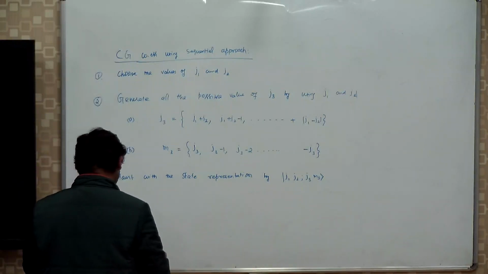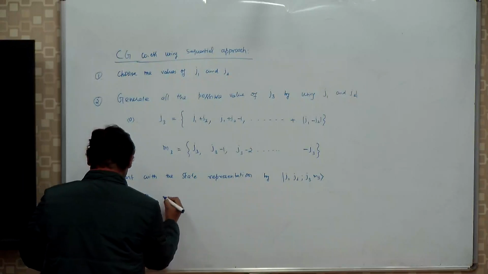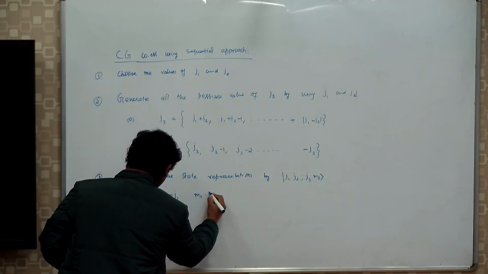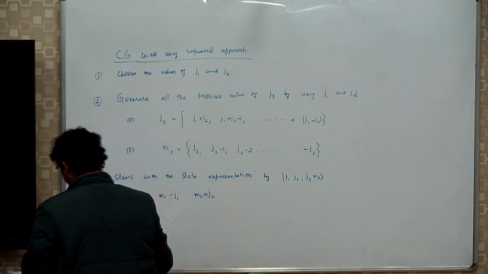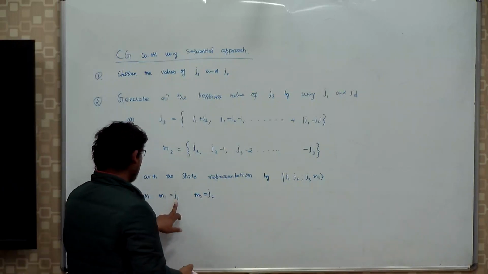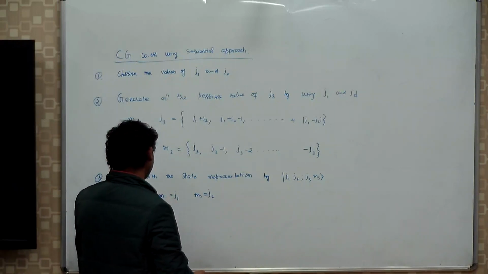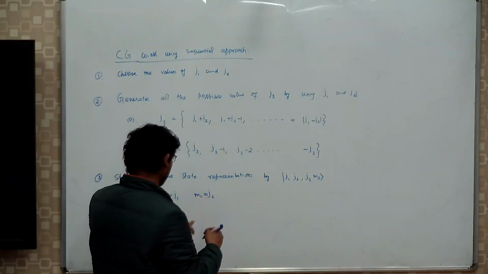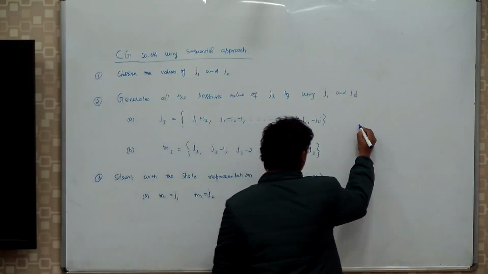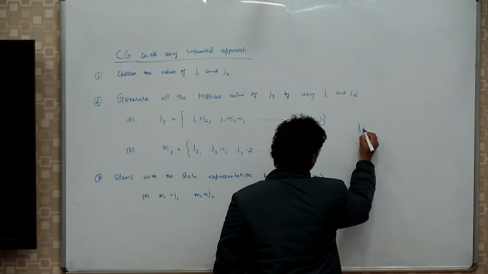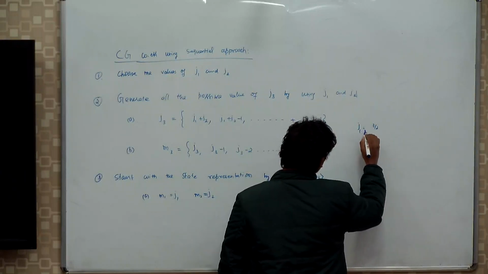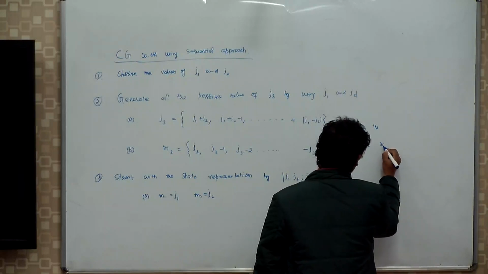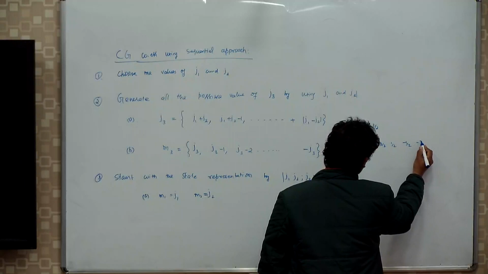Here you take the two conditions. A is nothing but m1 equal to j1 and m2 equal to j2. It's the maximum value. So for j1, the m1 is the maximum value, you consider it. For j2, m2 is the maximum value, so you consider it. For example, if j1 is 3 by 2, the possible values of m1 are 3 by 2, 1 by 2, minus 1 by 2, minus 3 by 2.